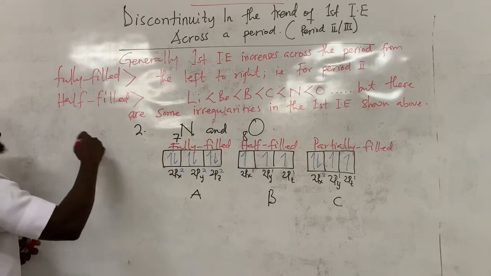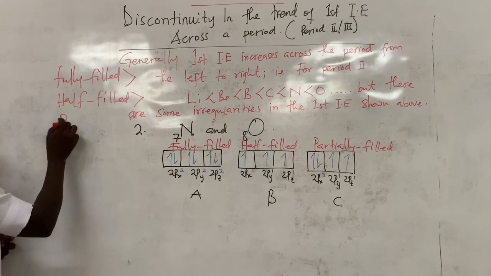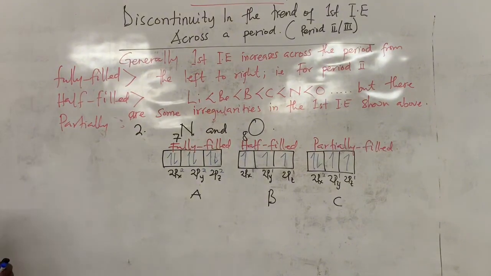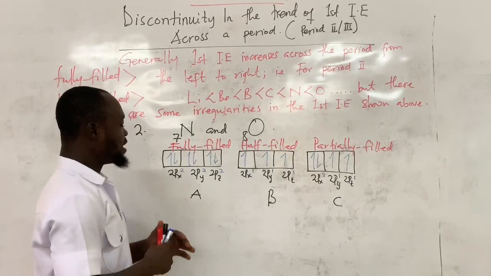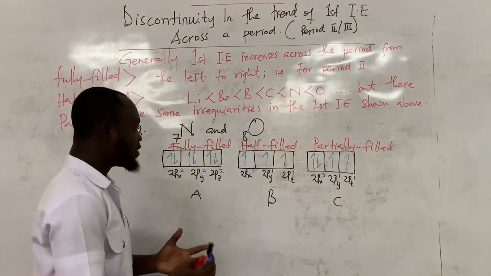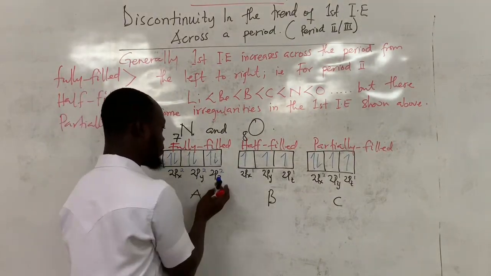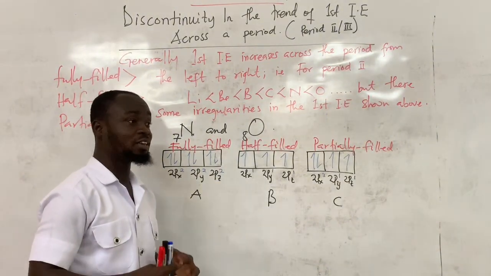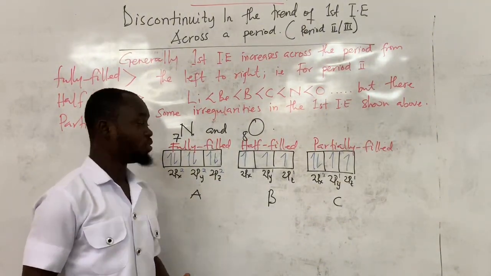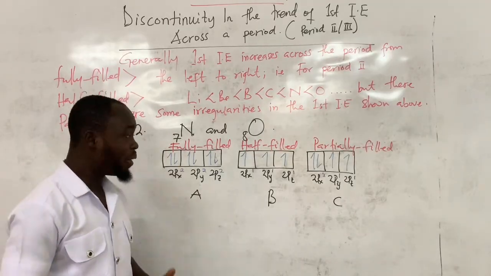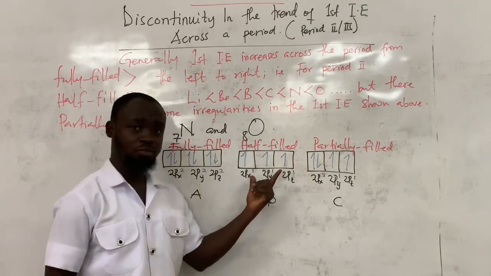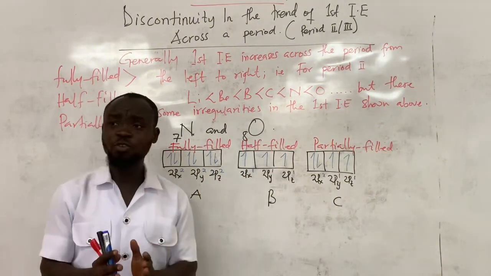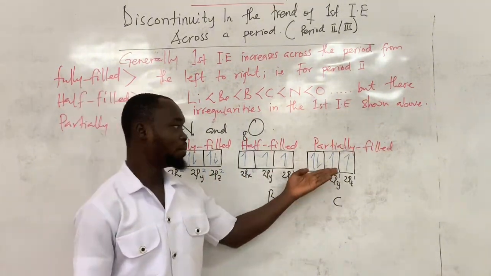And half-filled is also greater in terms of stability than partially filled. So when an atom exhibits a fully filled orbital configuration, it means that element is more stable compared to an element which exhibits a half-filled one. So in terms of stability, fully filled is more stable than half-filled, and half-filled is more stable than partially filled.